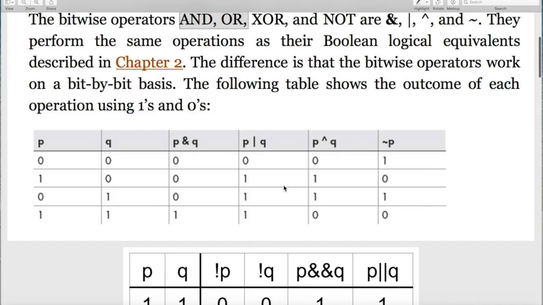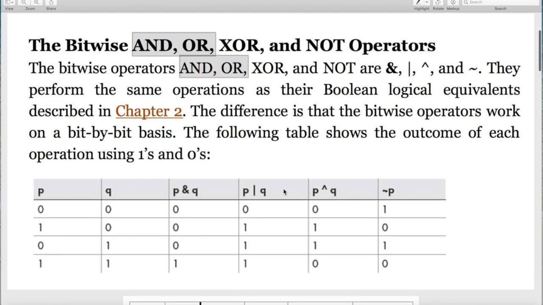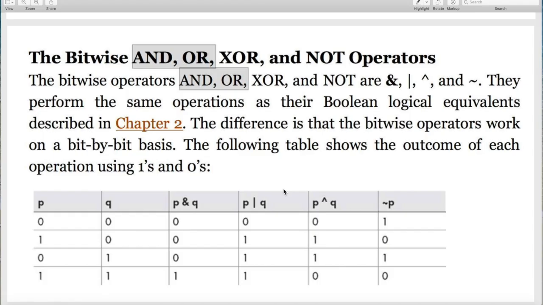I'm going to go through the bits first, then we're going to look at the logic ones. On a quiz, I will ask you to reproduce the and, the or, the not, and the exclusive or.